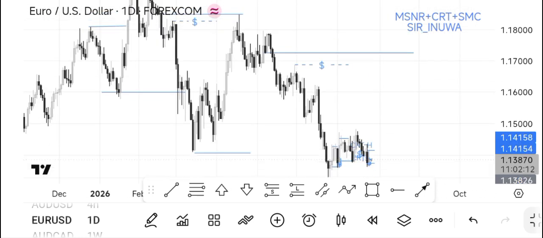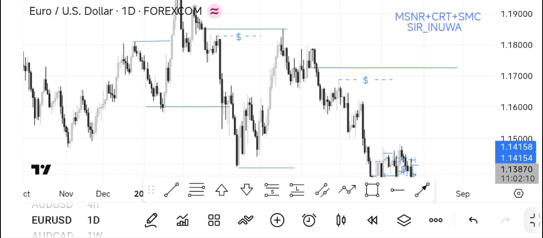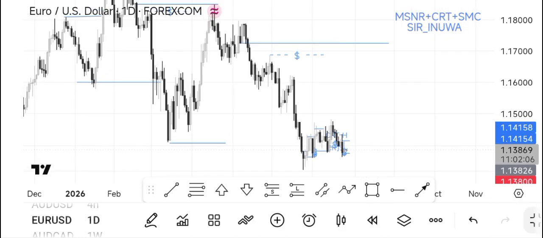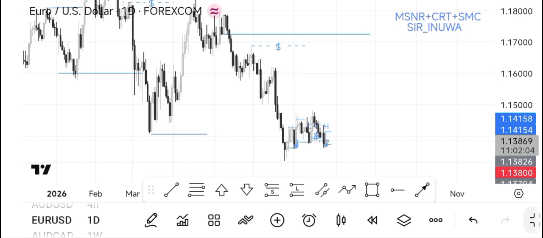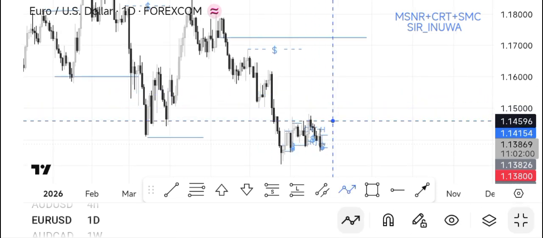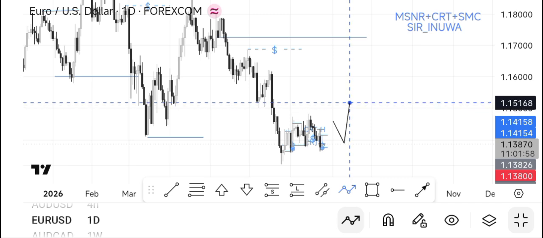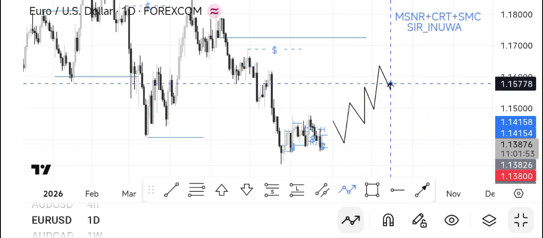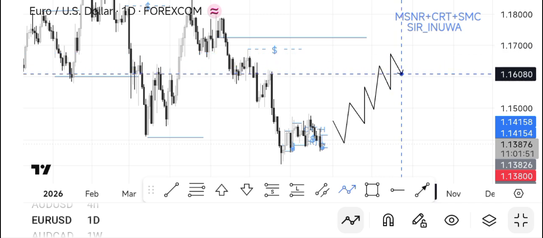So currently on EURUSD, here is a change of character, and we got another break here. So I'm expecting the market to retrace, giving us higher lows, higher highs, forming external liquidities.